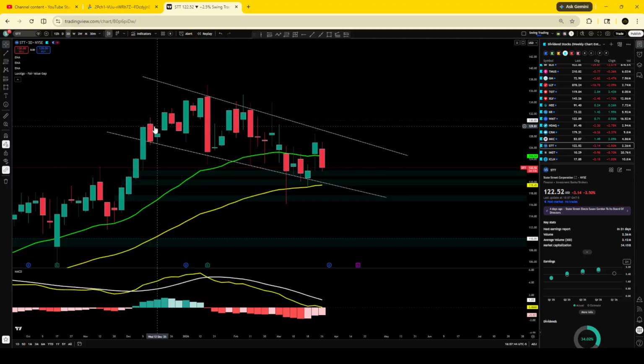And on higher time frames, like the ones that I teach, the trend lines hold so much more.